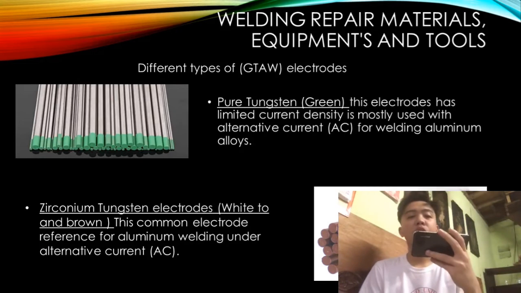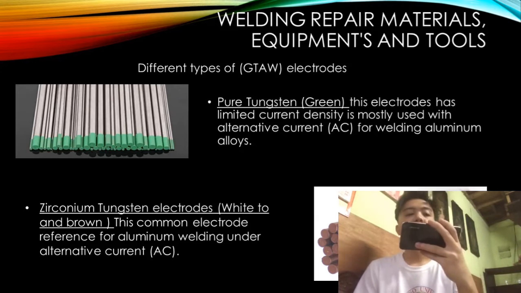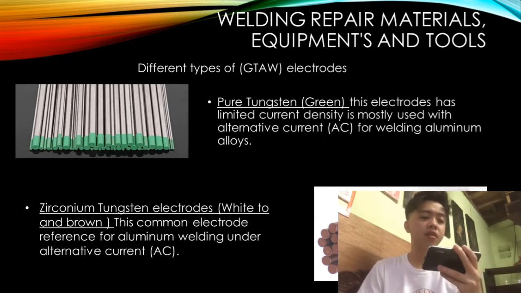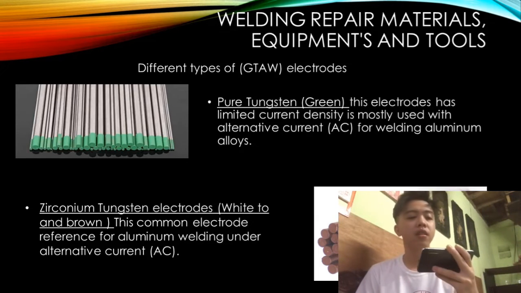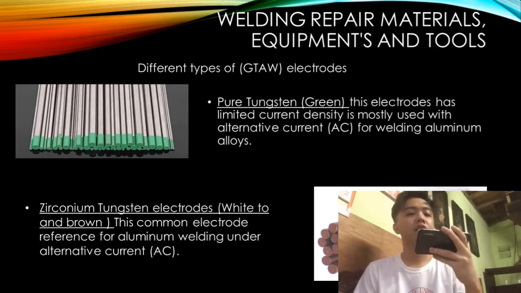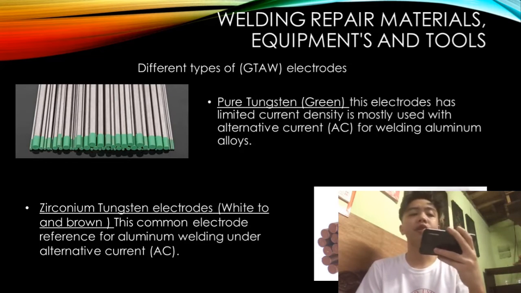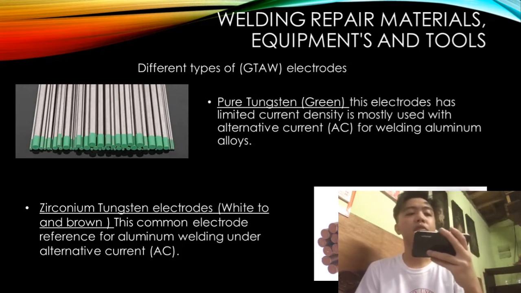Next, pure tungsten, green. This electrode has limited current density and is mostly used with alternating current for welding aluminum alloys.